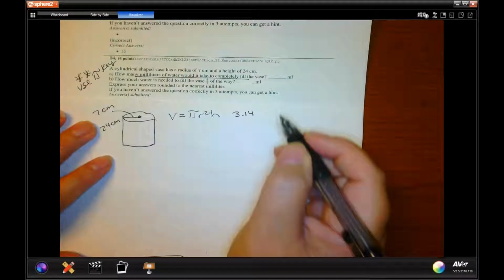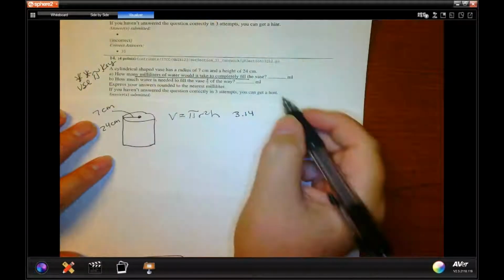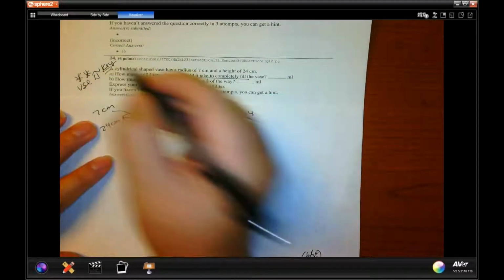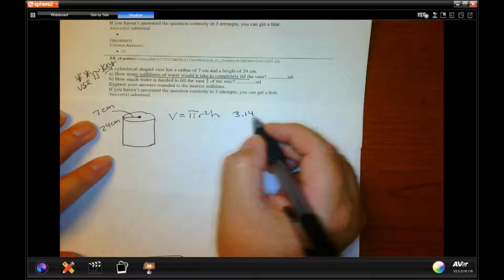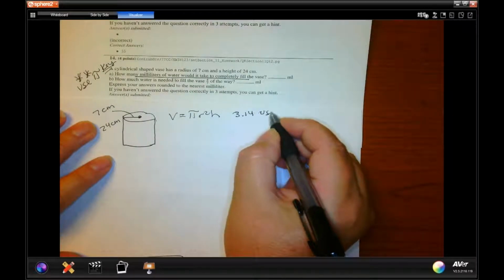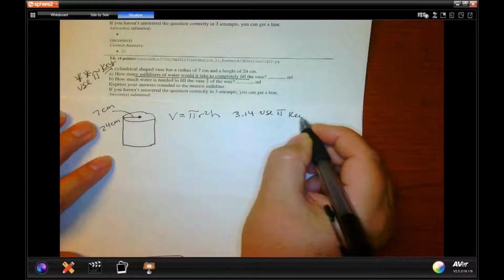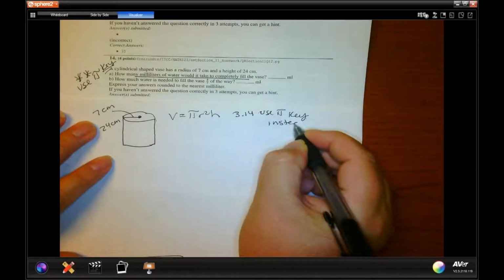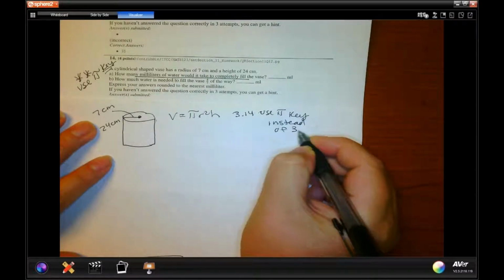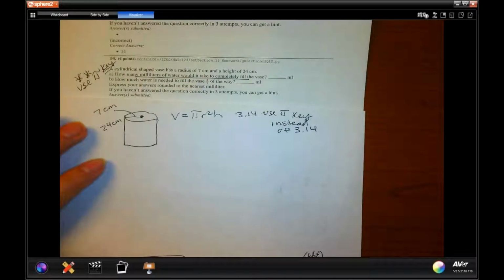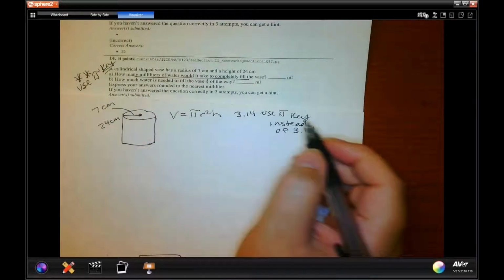You probably had it right if you got 13 right. WebWorks used the pi key and didn't tell you. Use the pi key on a calculator instead of 3.14. That's what their rounding was doing.